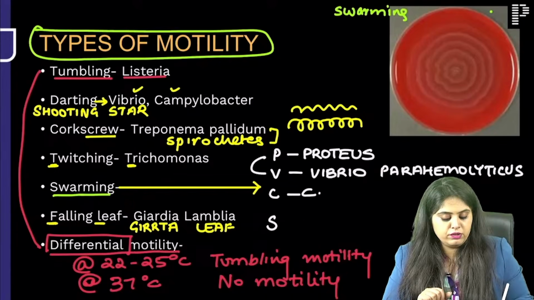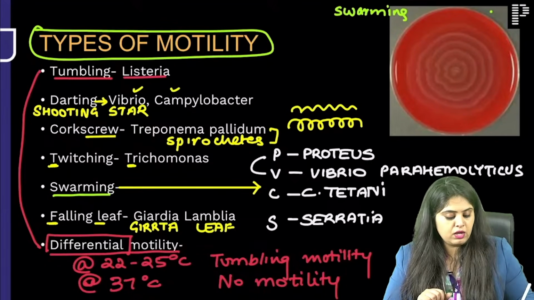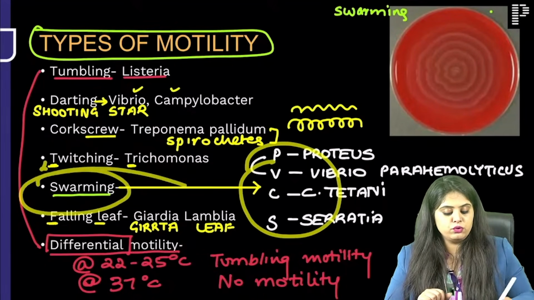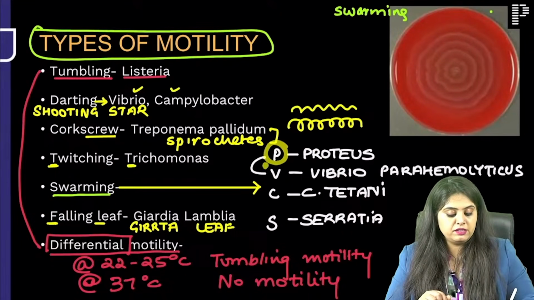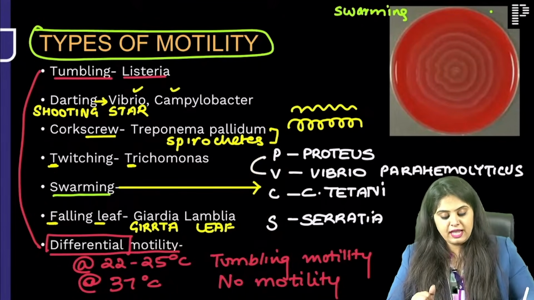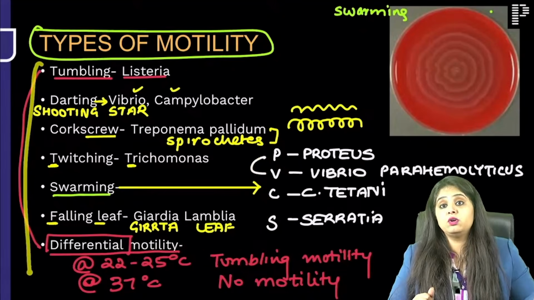The next one is going to be Clostridium tetani, and the last one is going to be Serratia. Repeating, who are the 4 bacteria that can show you this round and round swarming? Proteus, Vibrio parahaemolyticus, Clostridium tetani, and Serratia. I just want you guys to repeat this without looking at it.